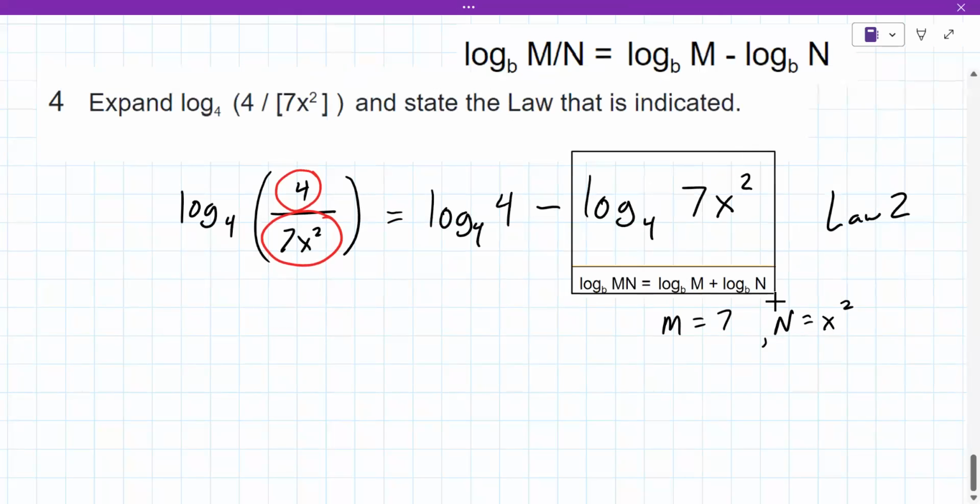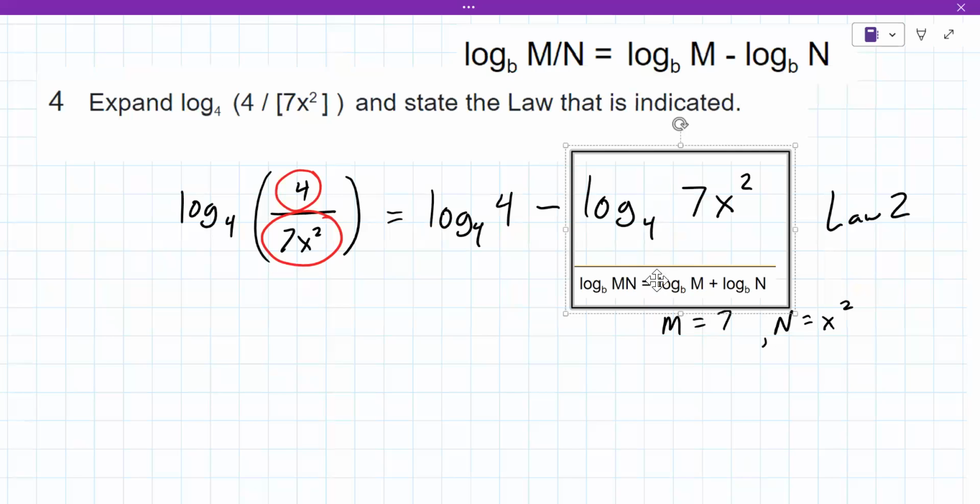This is confusing. So I'm asking you just to look at this part here. Your M is 7, your base is 4, and your N is x squared. So just rewrite this log part here, forget about everything else. Well, maybe for expanding, we could do log base 4 of 7 plus x squared, maybe.